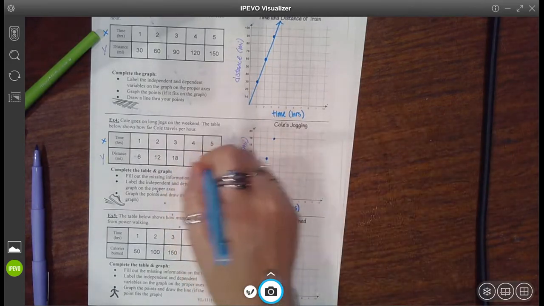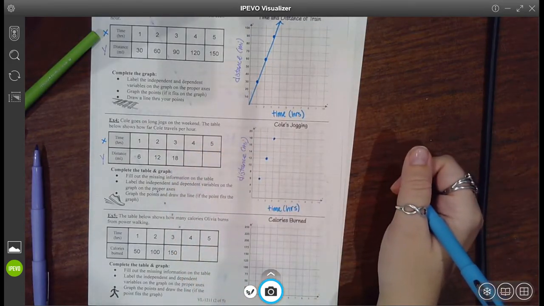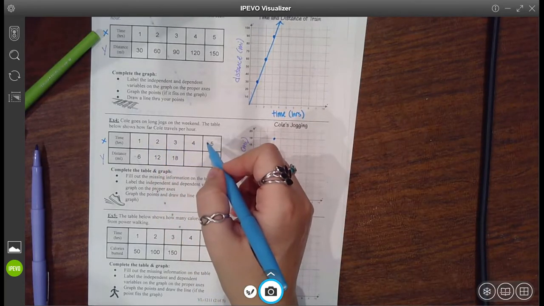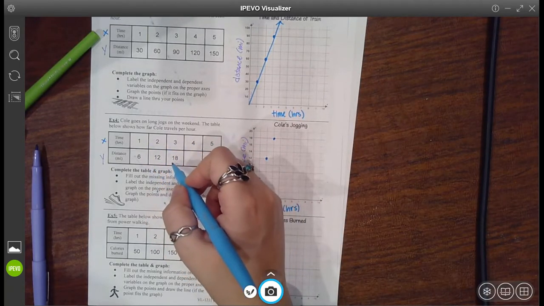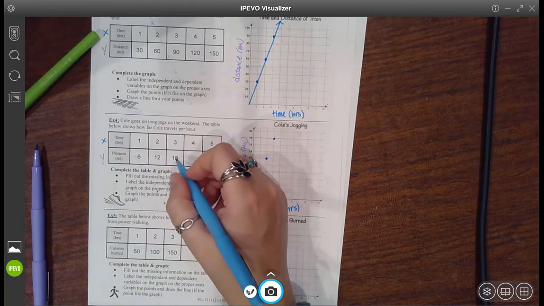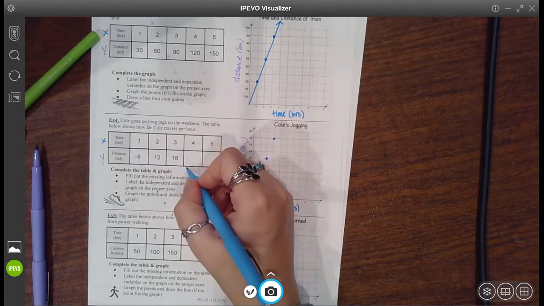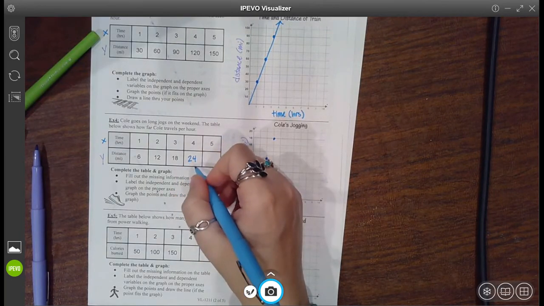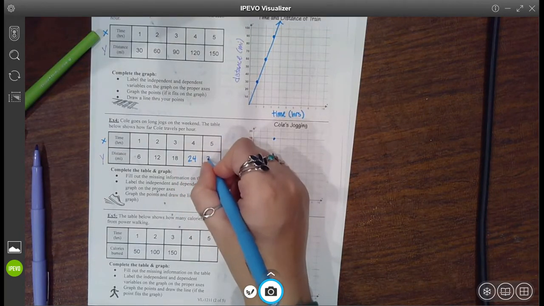What pattern do you see? Can you fill in the table according to the pattern? Each time this goes up by 1, this goes up by 6, right? So if I take 18 and add another 6 to it, I'd get 24. And if I take 24 and add another 6, I'd get 30.